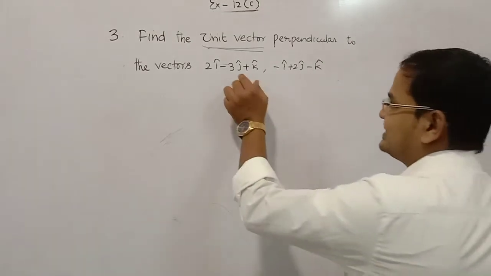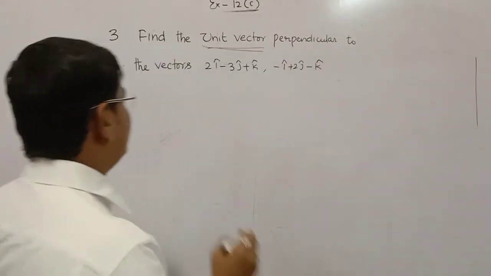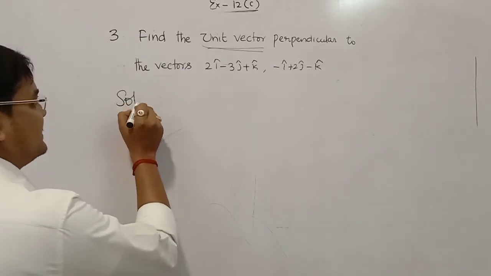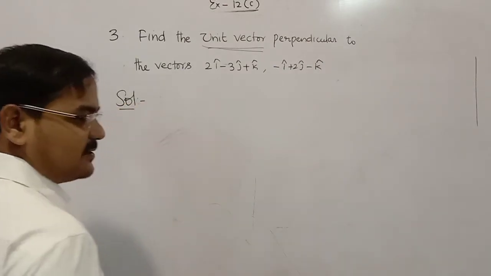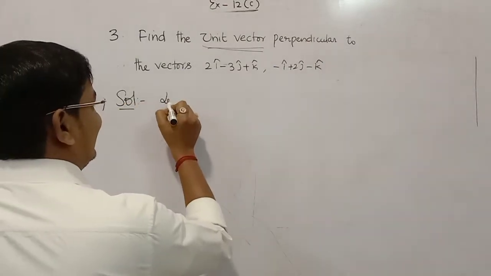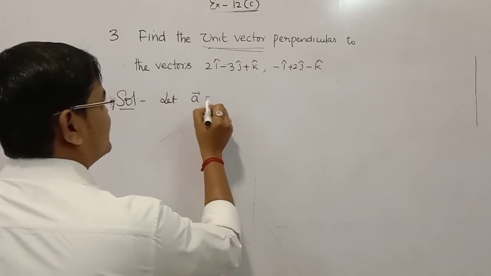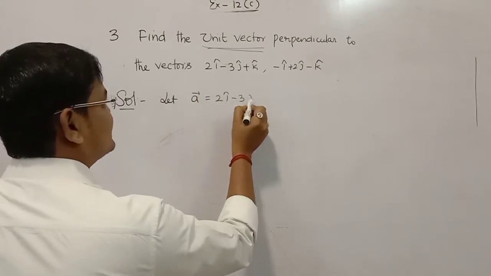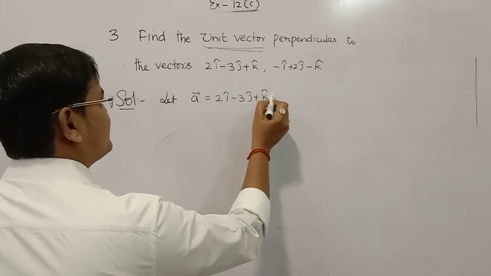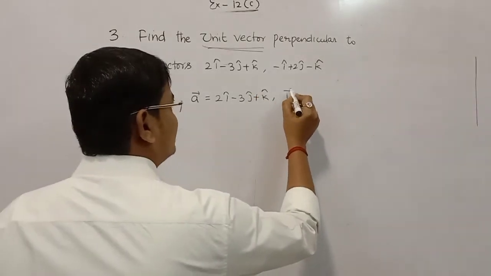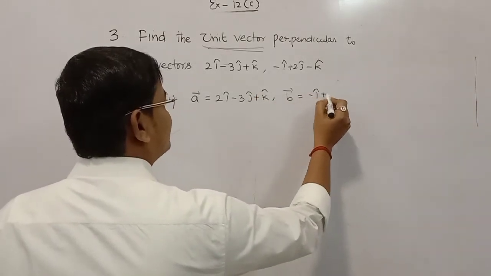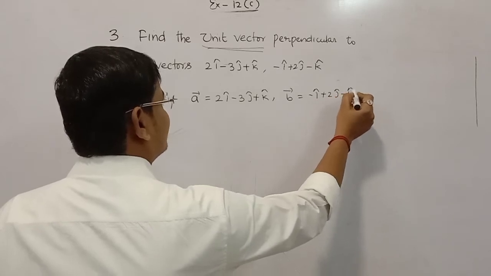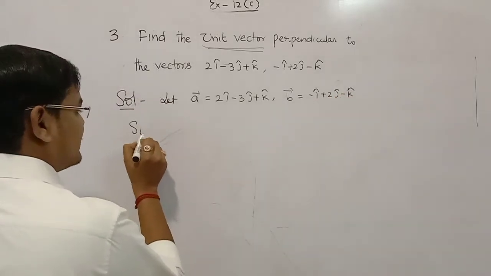So first of all, consider these two vectors as A and B. Observe the solution very carefully. It is a very important question for 4 marks. Let A bar be equal to 2i minus 3j plus k and B bar be equal to minus i plus 2j minus k.